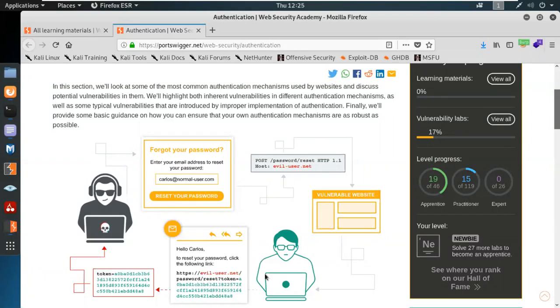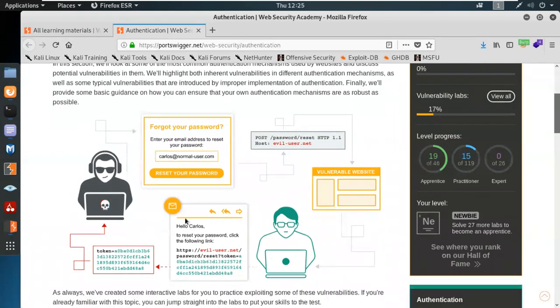It will be accessible by the user Carlos, and Carlos will be redirected from the user website to the attacker's. This is a normal thing. Basically, they are changing the host header, the host header injection, so they can change that data parameter according to their own need.